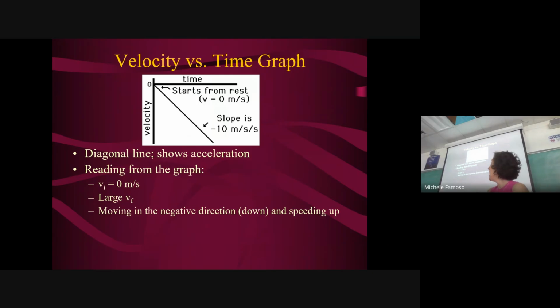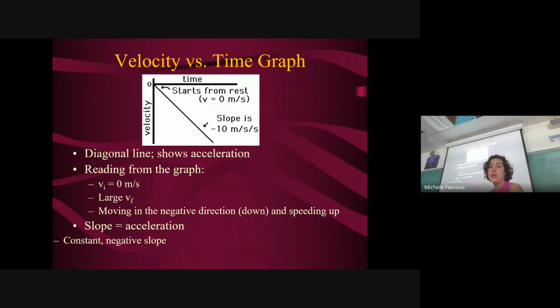And notice they're all negative down in the fourth quadrant, which means the entire time I'm heading down to the ground, and I'm speeding up as I'm moving down. Also remember that the slope on this graph is your acceleration.